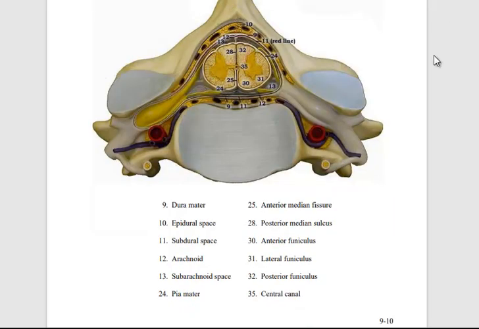Before I start talking about the spinal cord, we need to look at a couple more spaces that I left off. So number 10 is the epidural space. Epi means upon. So this is actually on top of the dura mater, or the tough mother, right there. And you guys may not know about epidurals, but women are very much aware of this.